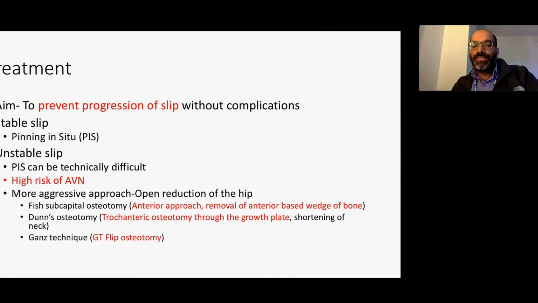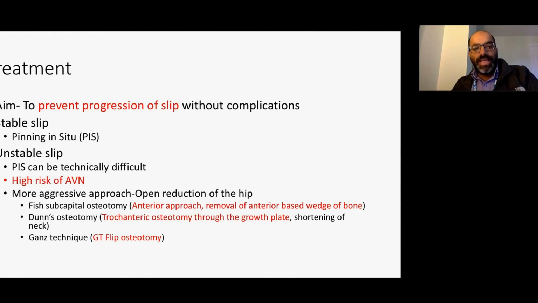However, for the unstable slip, there are different schools of thought and different people say different treatment options. But again, the aim is still the same, to prevent any further progression of the slip and to avoid any further complications in future. Unstable hip, as we discussed earlier, has a high risk of AVN.